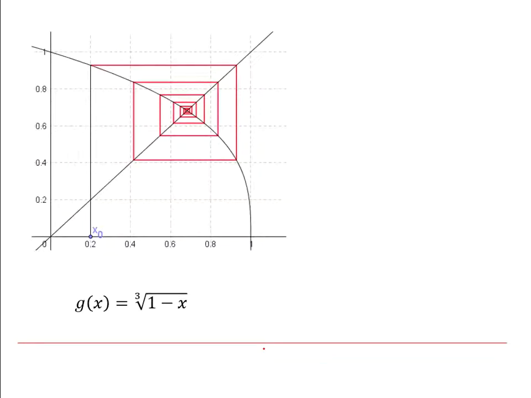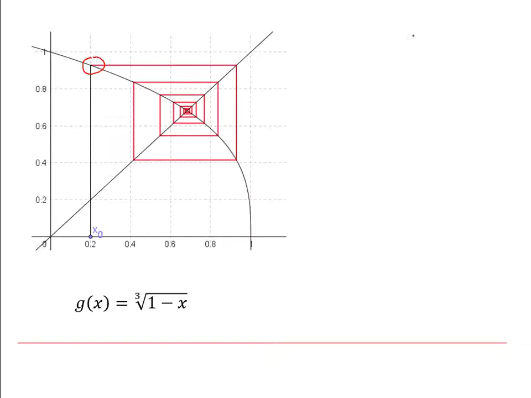Now we can demonstrate the convergence graphically in this case as well, and it turns out that we don't get convergence if we start at 1, but if we start at 0.2, for example, then we go up to the curve as before.